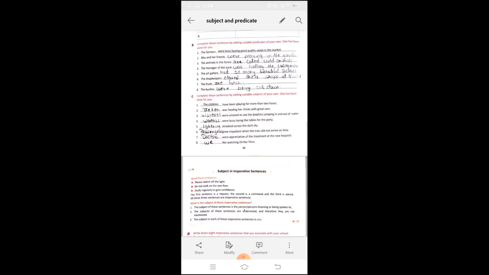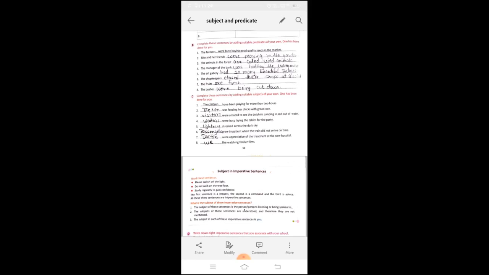You have to write that in this box, in this column. Here the subjects are given and you have to write the predicate on your own. So here I have given some examples. Ritu and her friends, you can write, were playing in the garden.